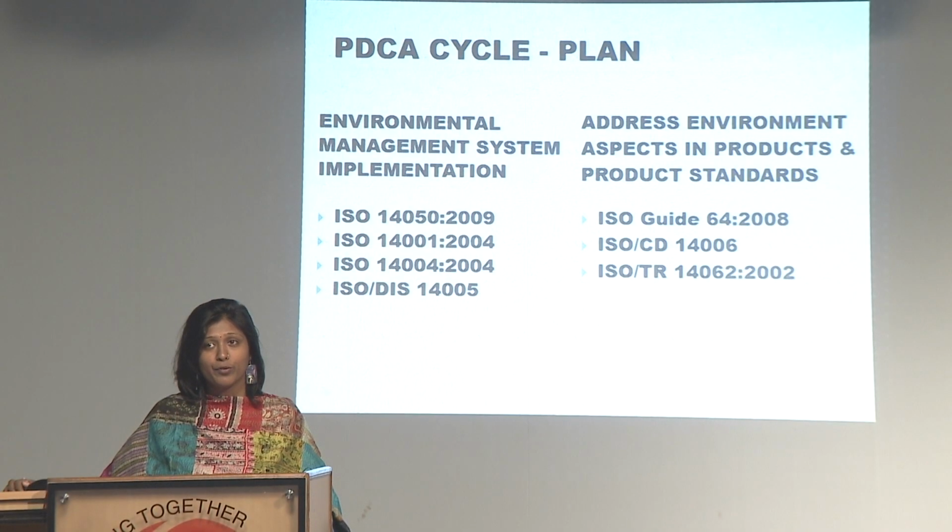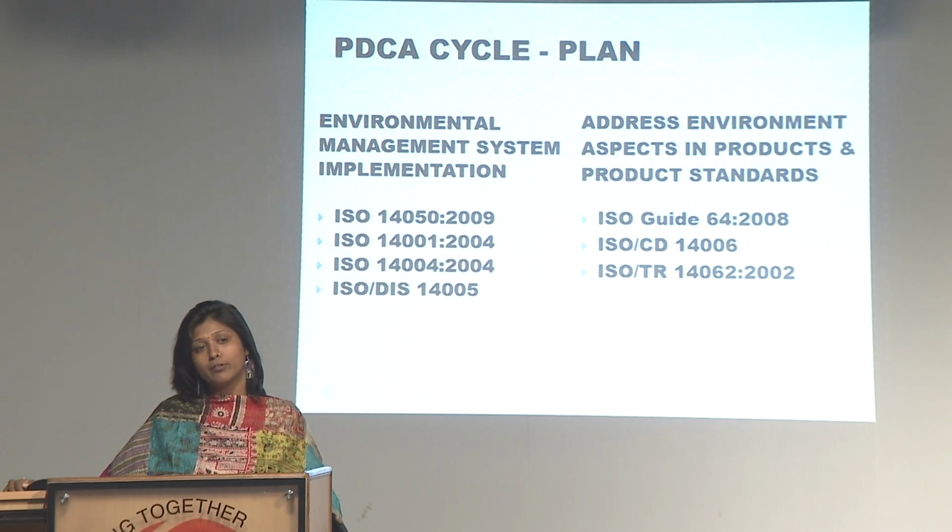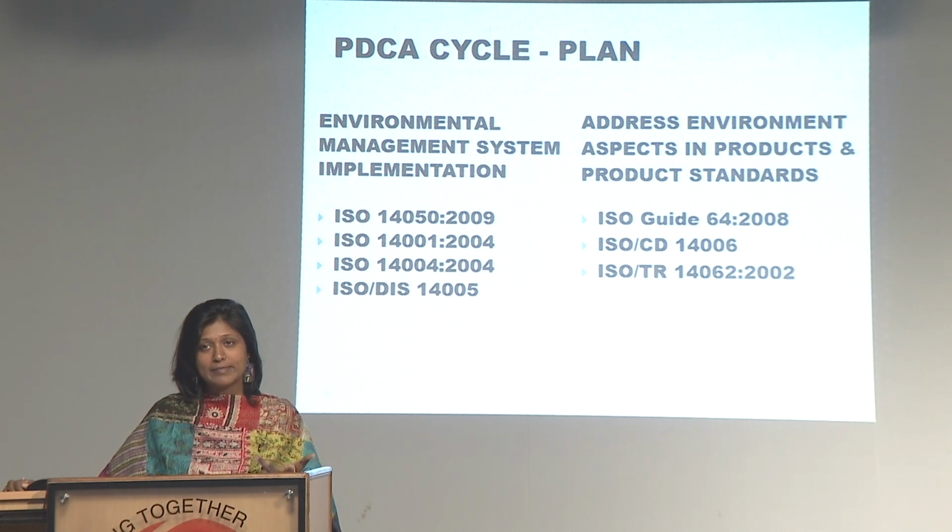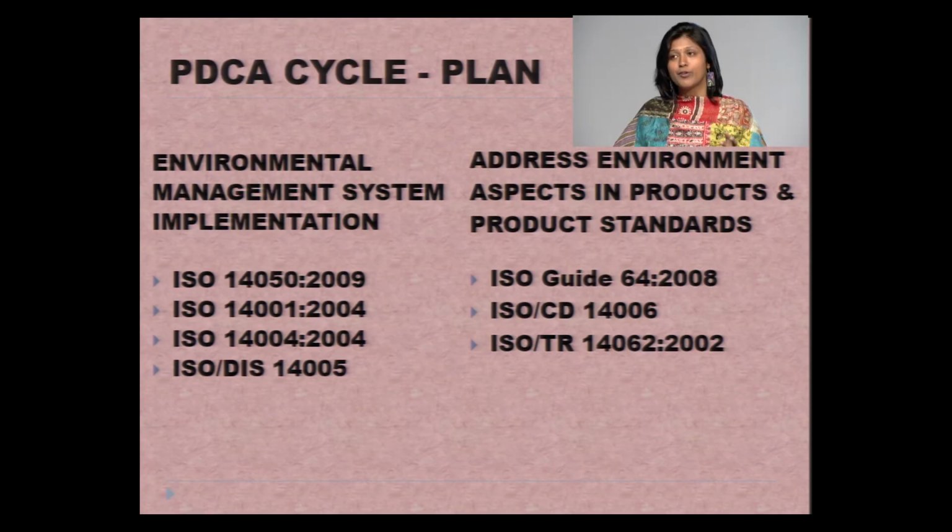So let me take you through the details of how these standards refer to it. If I talk of an environmental management system, coming to the planning part of it, one planning activity can be how to implement the environmental management system. Another planning activity can be to address the environmental aspects related to the products or the standards.